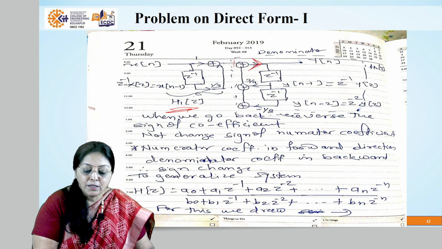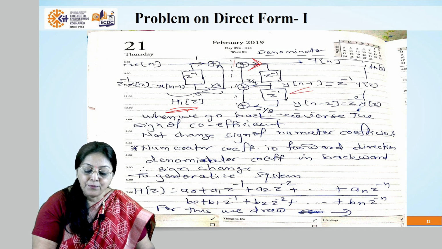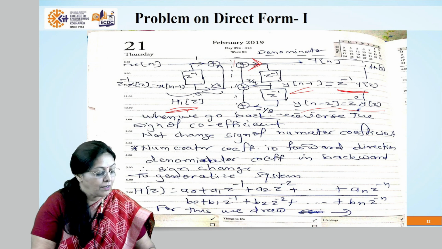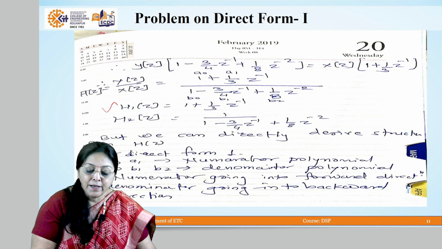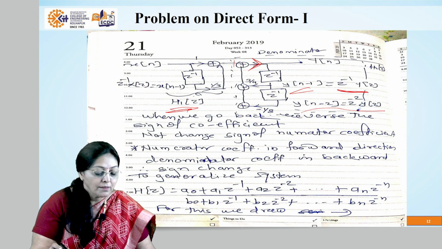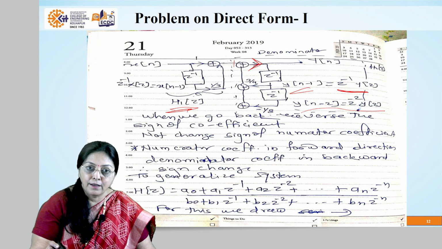Directly we use y(n-1), or z^-1 into Y(z), and y(n-2), or z^-2 into Y(z). We multiply these components with the constant values mentioned in the equation, 3/4 and minus 1/8. The minus 3/4 becomes plus 3/4, and the plus 1/8 becomes minus 1/8. So that major change is made here in the realization. This is about the direct form 1 realization.